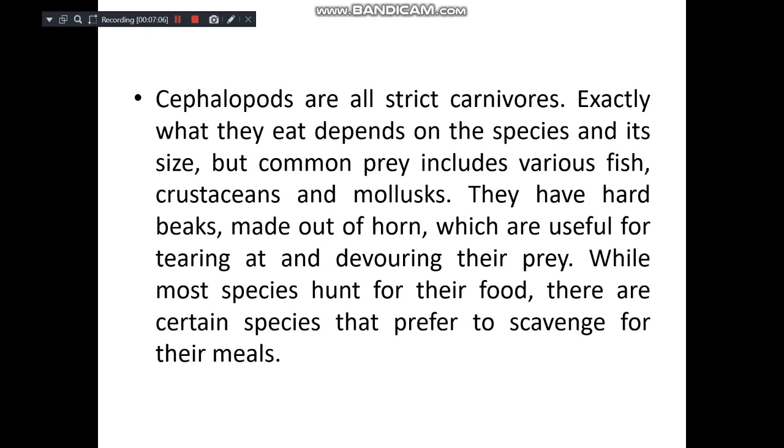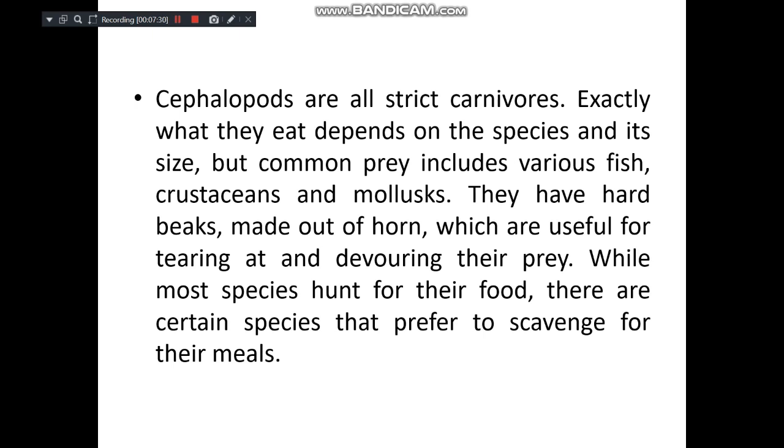Unlike gastropods, the cephalopods are strict carnivores. Exactly what they eat depends on the species and also on the size.